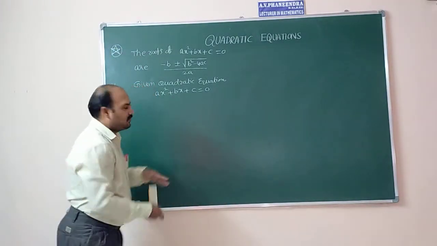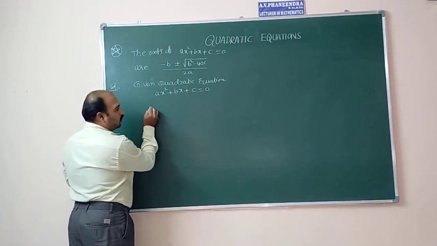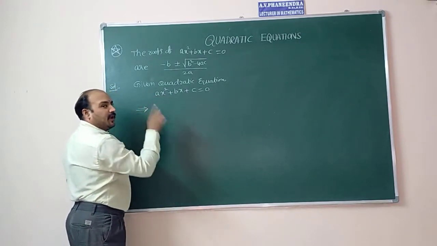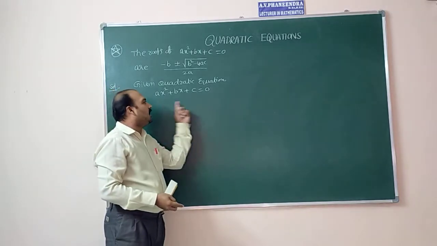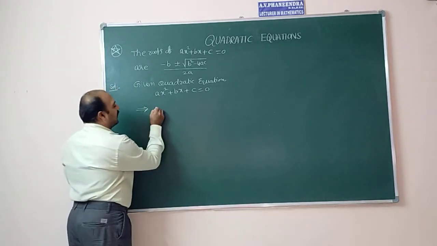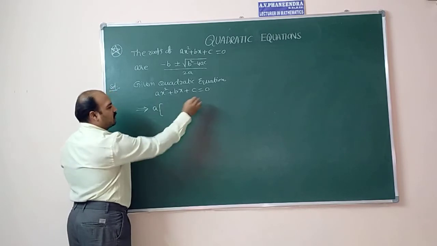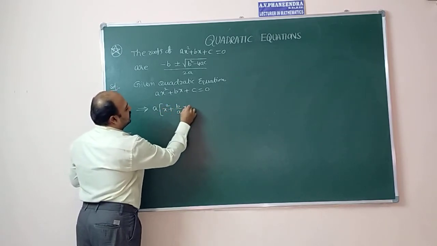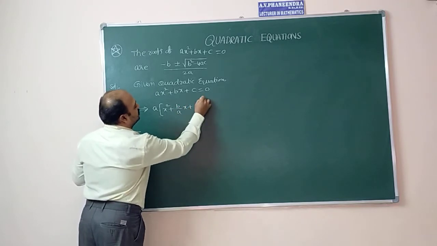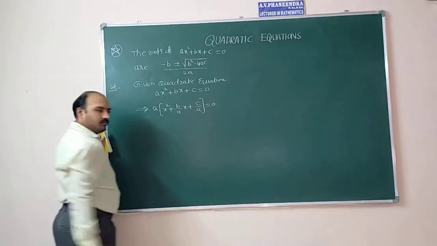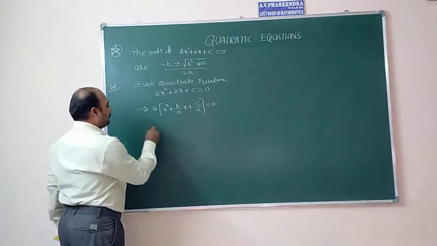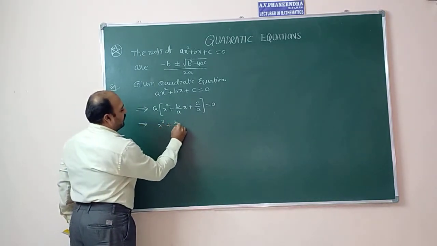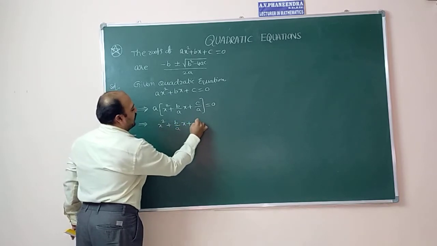So how to do it: first make the coefficient of x square 1 by taking a common throughout this equation. x square plus b by a into x plus c by a is equal to 0.